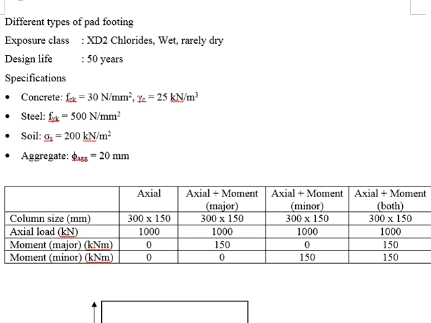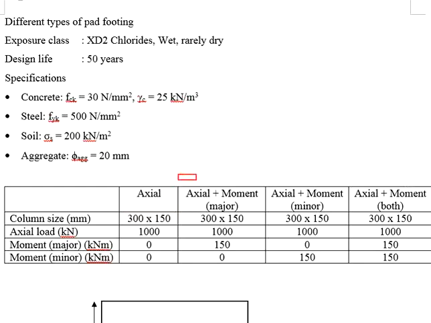Similar to what we did in the columns, we will demonstrate the calculation steps for the pad footing under various circumstances. Here we outline at least 4 different cases that a pad footing can be designed. The pad footing may be subjected to pure axial loads without any moment.